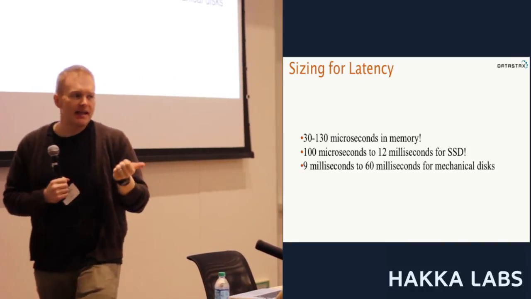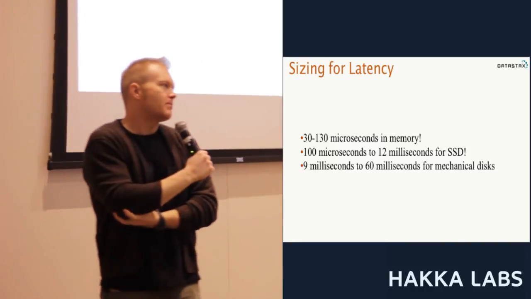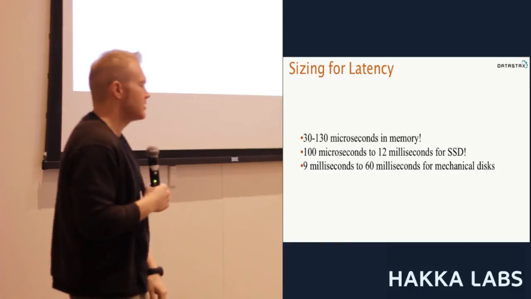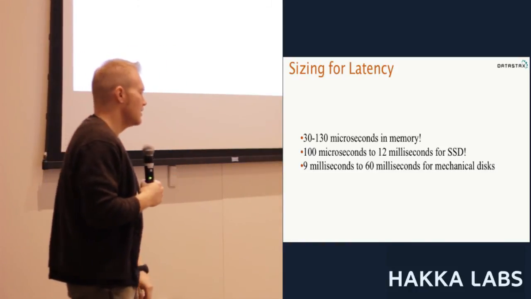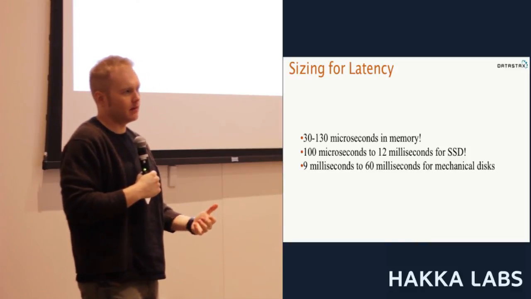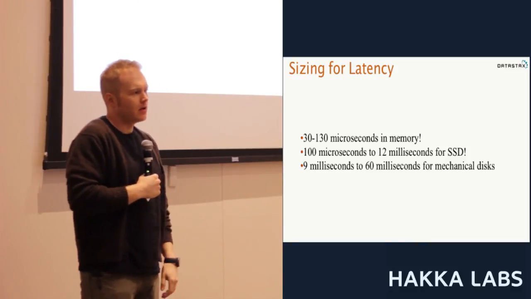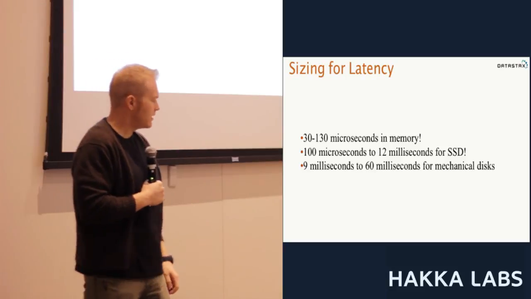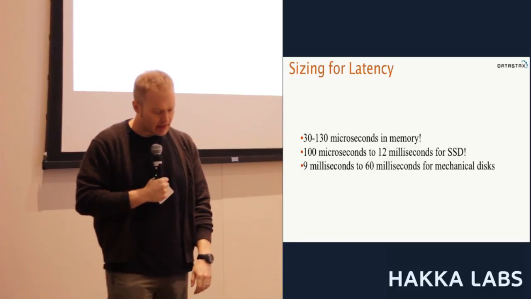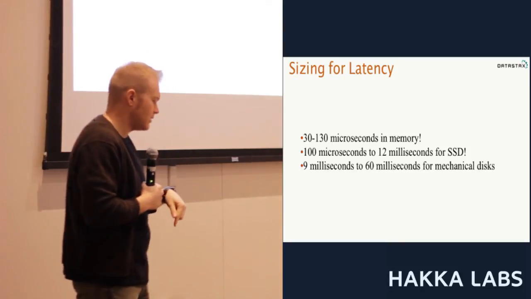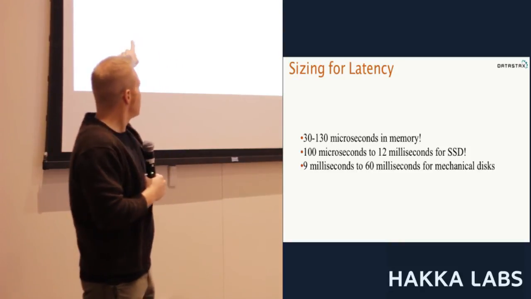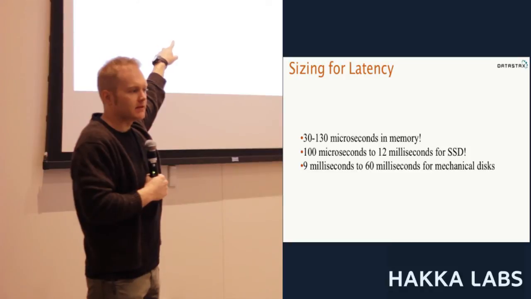When you're sizing for latency, let's say I need 99.9% of operations to come in within 5 milliseconds. Well, you have to think to yourself, if I need all writes or all reads to come back within 5 milliseconds, that's automatically going to rule out mechanical disks.